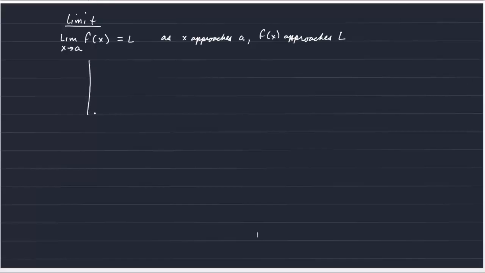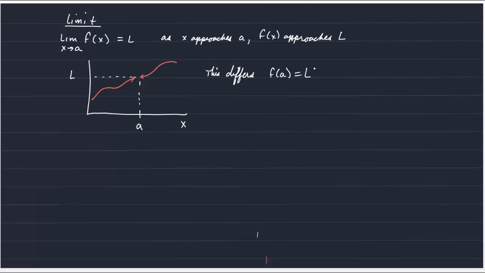So for example, we may have some arbitrary function, and as the x value approaches our value a, then the function approaches the value L. And this is different than a statement that f of a is equal to L, because f of a may not exist, as I've drawn in this picture.